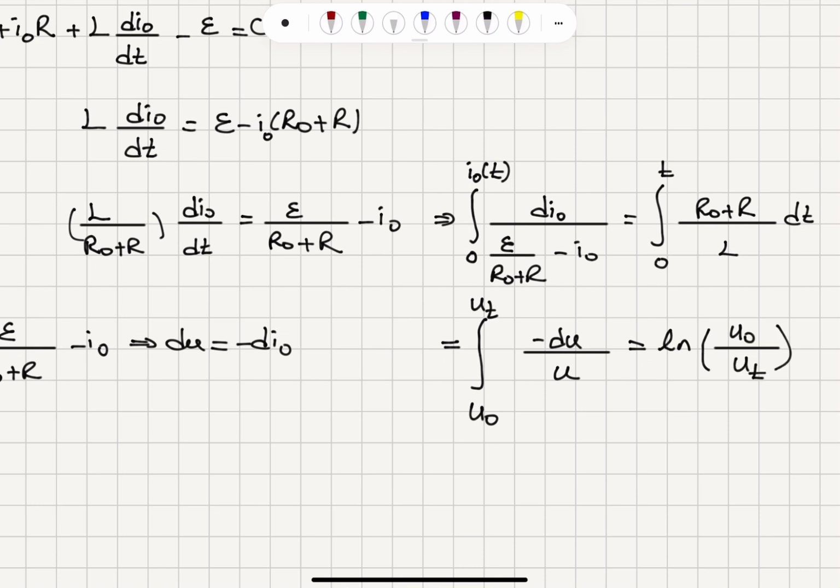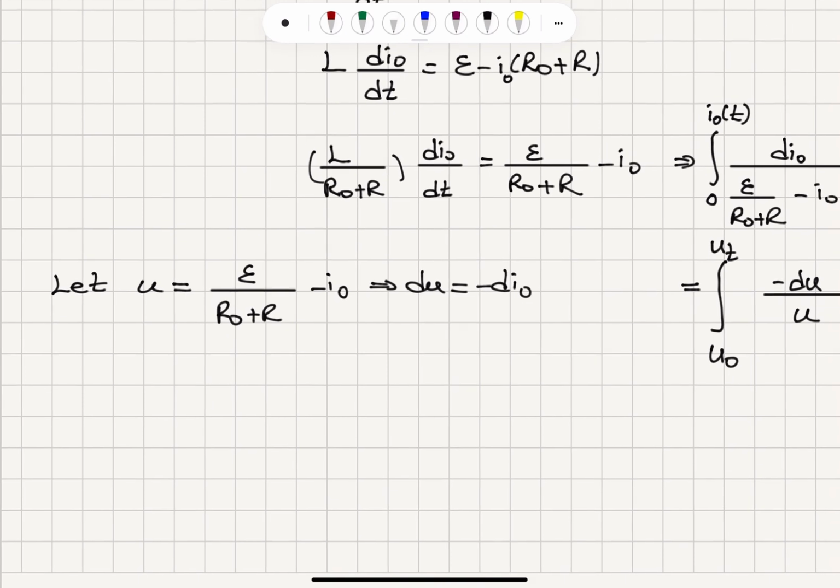Why? Because the minus sign will change the limit, so this will be from ut to u0.